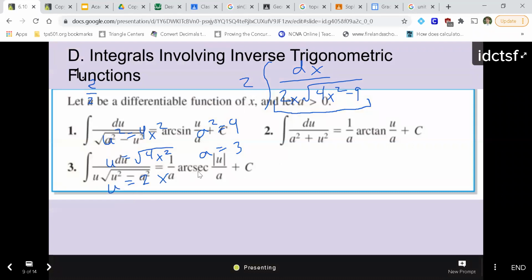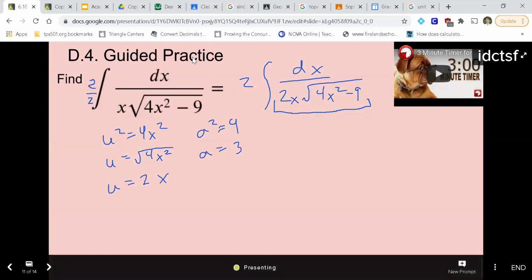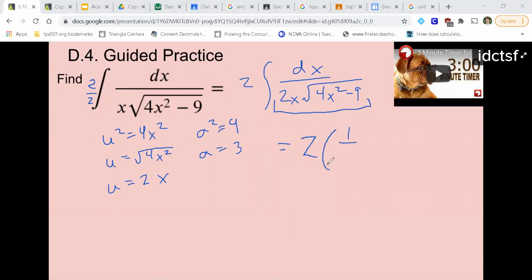And so now I can write my antiderivative as 2 times 1 over a, which is 3, arc secant of the absolute value of u over a plus c.